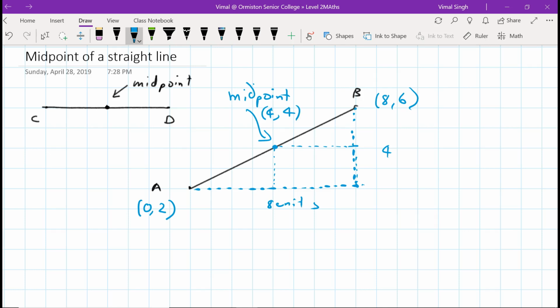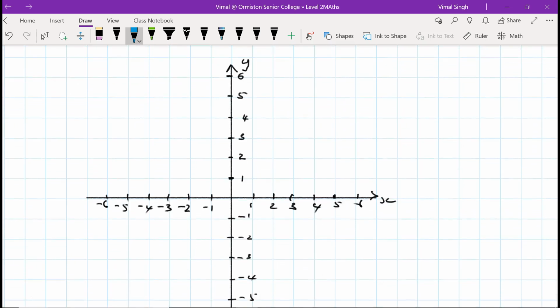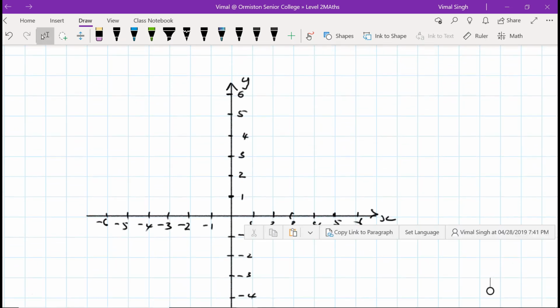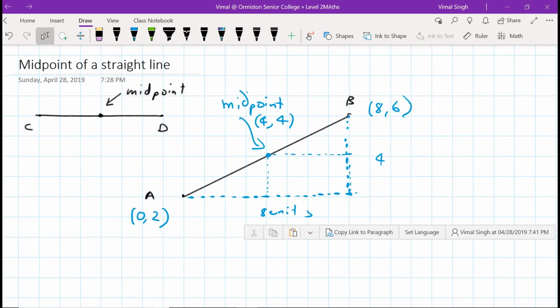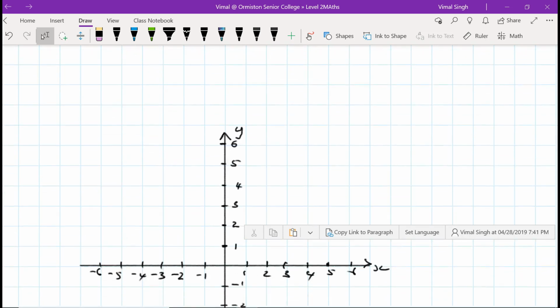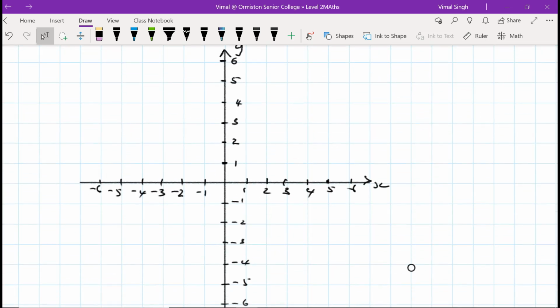Now, most of the time, the points of the lines will be given to you in terms of coordinates, or it will be drawn on an XY axis like the one that I'm going to draw now.